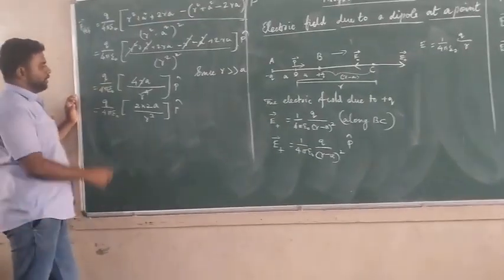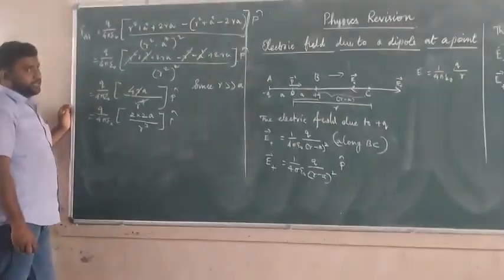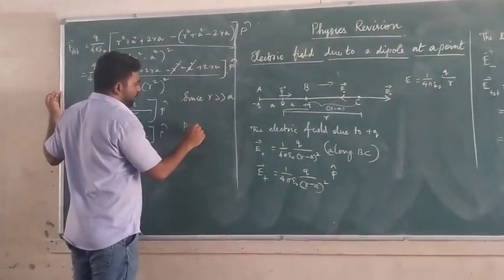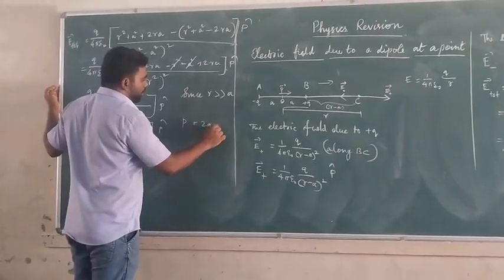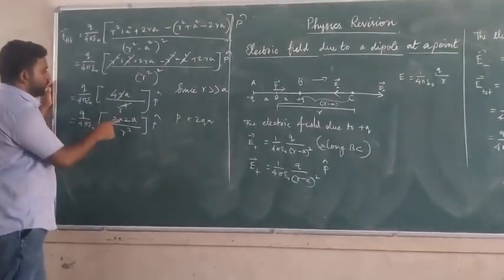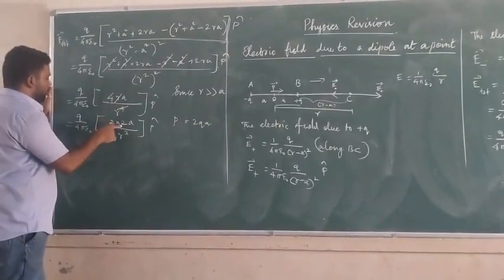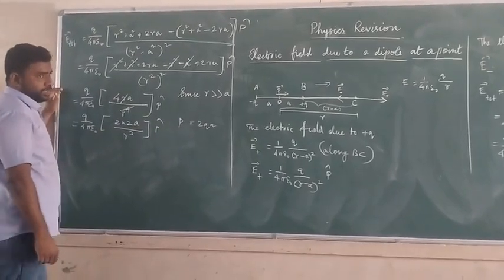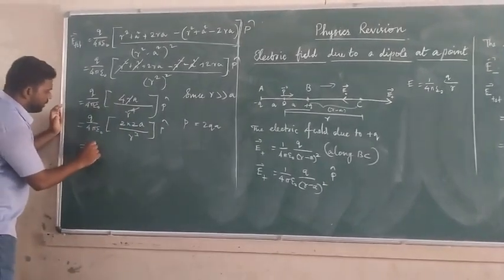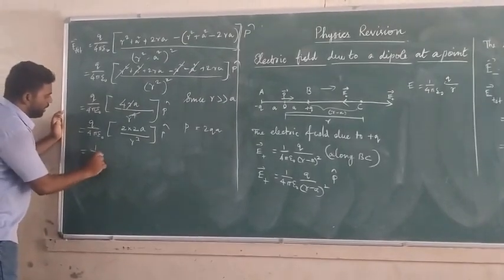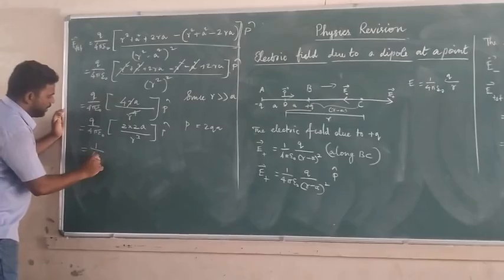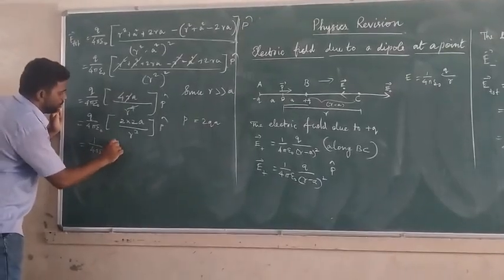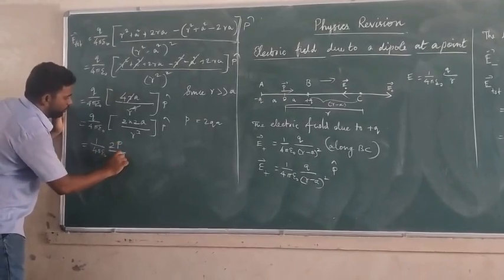So now we know the dipole moment, isn't it? What is the dipole moment? P equal to 2qA. So instead of 2qA, we can replace it with P. So let's write E total equal to 1 by 4 pi epsilon naught, 2 P vector by R cube, isn't it?